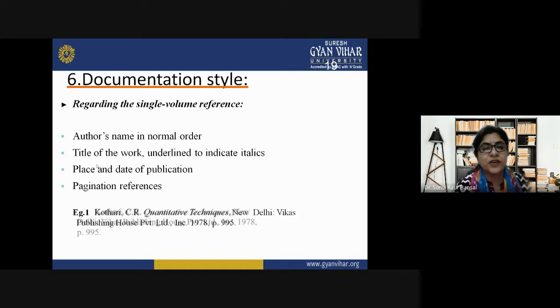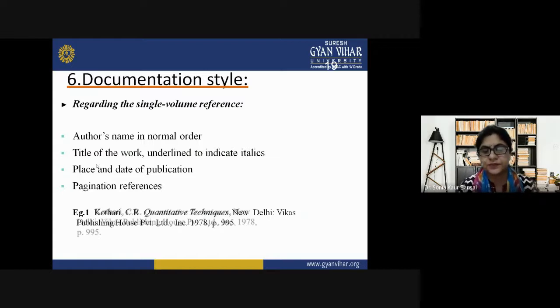This is how you give the references: Kothari, C.R., Quantitative Techniques, New Delhi, Vikas Publishing House Private Limited, 1978, page number 995. So this is a clear indication that any evaluator can go to that page and will find the quotation or any documentation work from there.